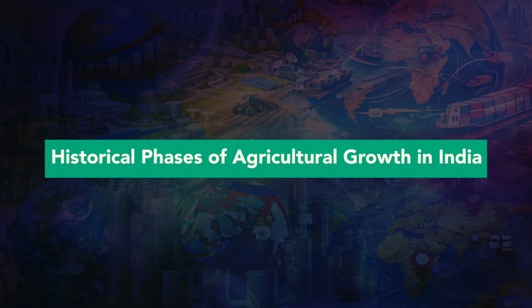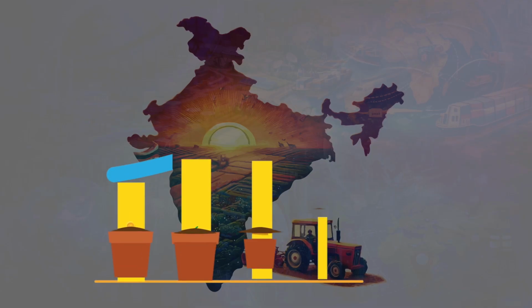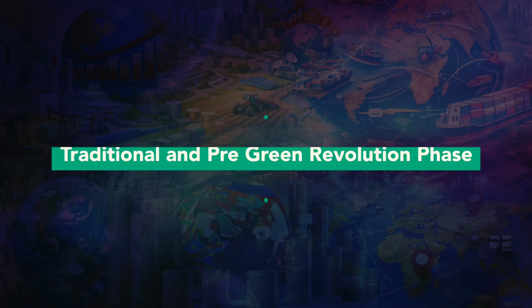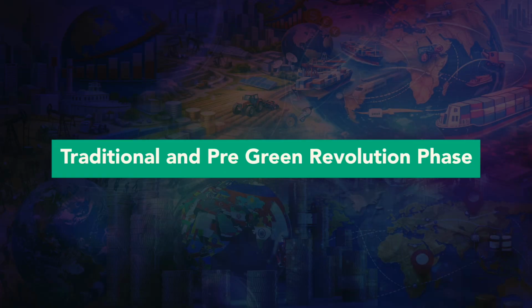Let us discuss the historical phases of agricultural growth in India. Agricultural growth in India has evolved through different historical phases, each shaped by a specific technological, institutional and policy environment. Traditional and pre-Green Revolution phase.